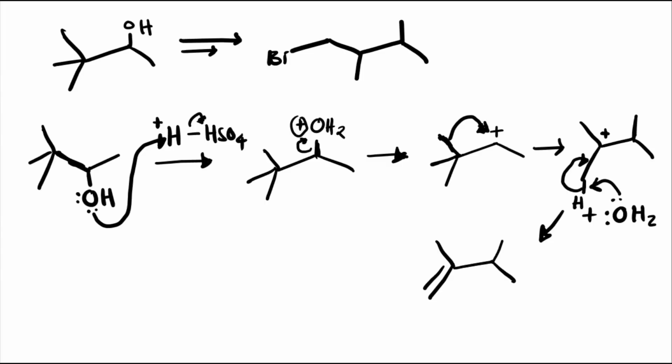When this alkene is formed, I'm going to react this alkene with hydrobromic acid. And then I'm going to place this hydrobromic acid in peroxide. The reason why I'm placing this hydrobromic acid in peroxide is because I want this bromine to join to the less substituted carbon between these two.